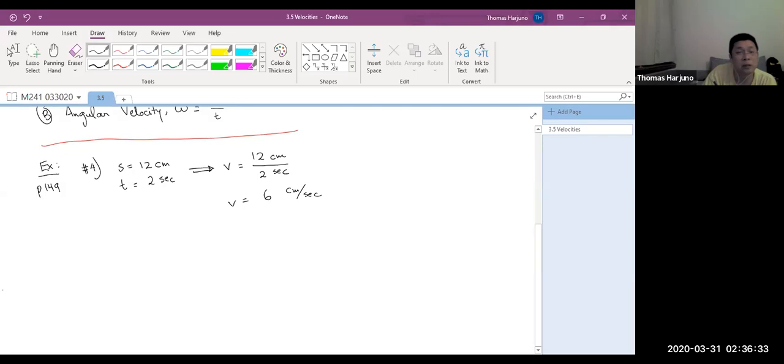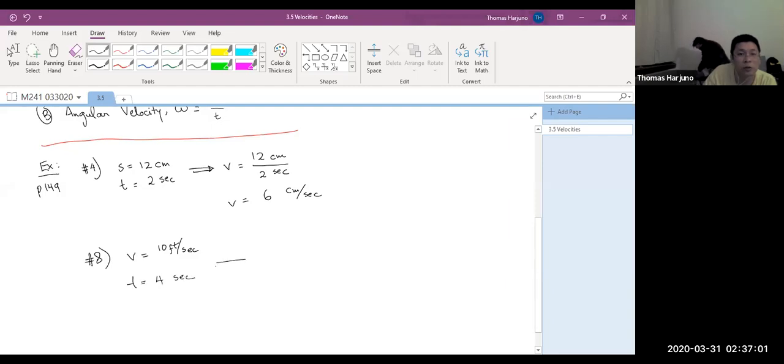Furthermore, for example, we have number 8. Suppose we have the linear velocity to be 10 feet per second, and the time to be 4 seconds.